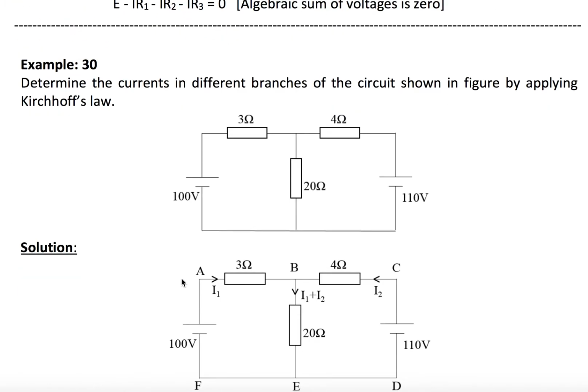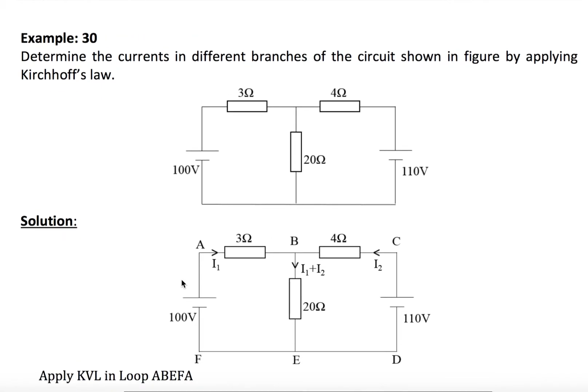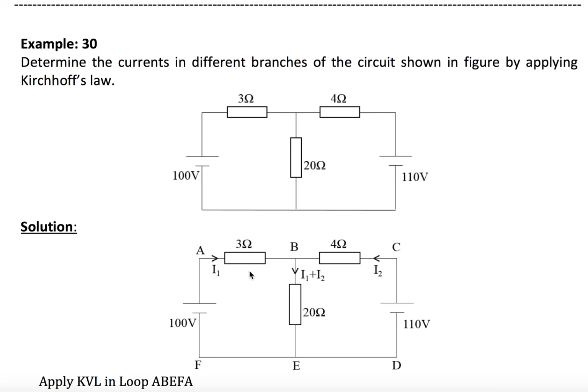Determine the currents in different branches of the circuit shown in the figure by applying Kirchhoff laws. See in this second diagram, the current flowing in this is I1. Let's assume this current is I2.